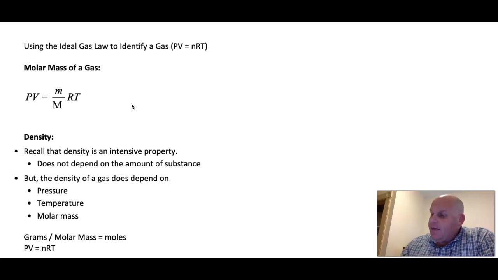If I think for a second about how we utilize molar mass, we commonly used it in a grams to moles conversion. So if I had some value of grams and I wanted to convert to moles, I would do this using the molar mass in grams.